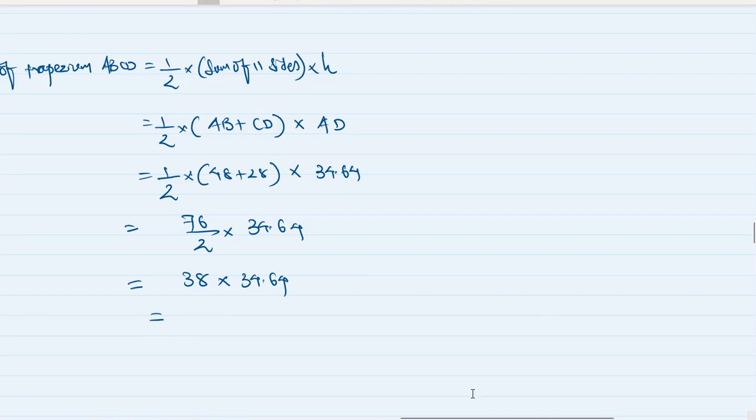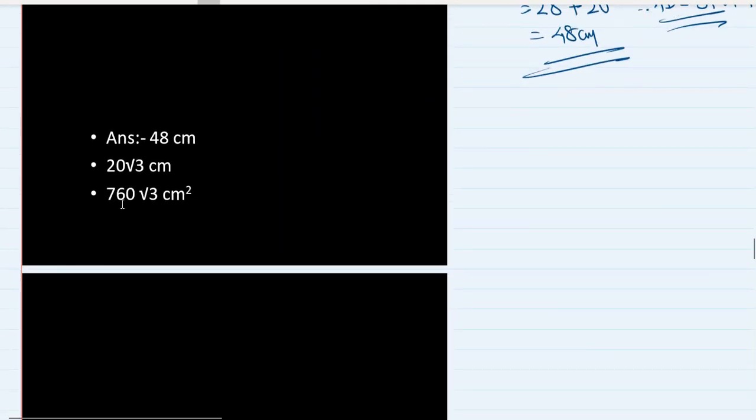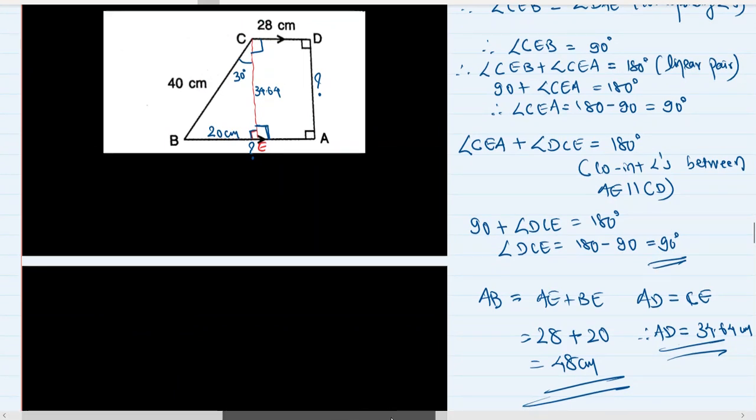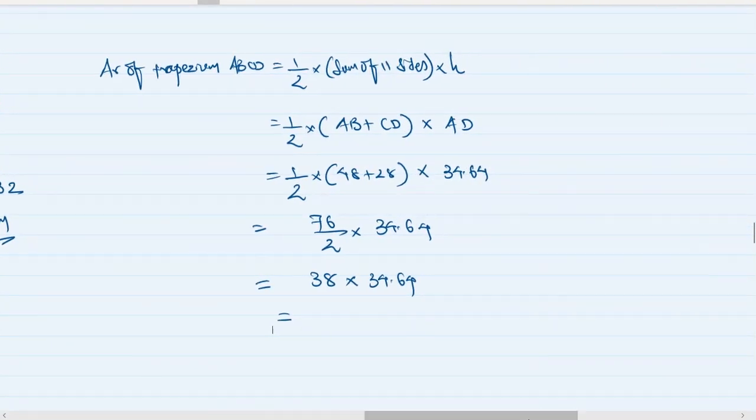So let's check the area. 760 root 3. So we are getting the area in terms of root 3, 760 root 3. Let me just calculate and tell you the exact area in centimeter square. So it comes out to be 1316.32 centimeter square.